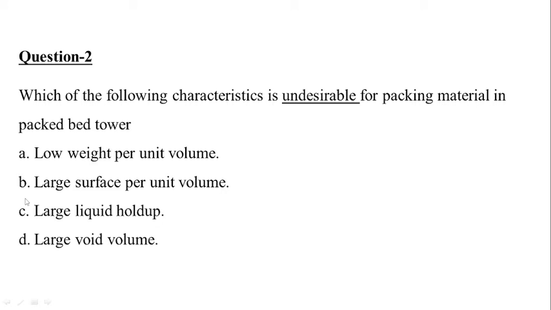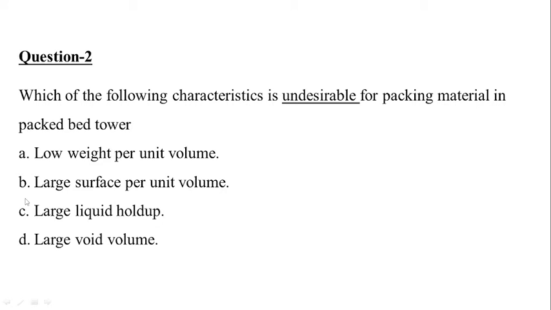And option C is wrong, because the packing material should have low liquid hold up. If the liquid hold up is high, then the gas flow path will be constricted and there will be a high pressure drop in the column, which is undesirable. So the undesirable property of a packing material is large liquid hold up.